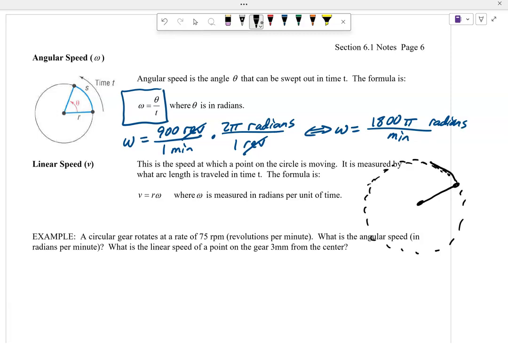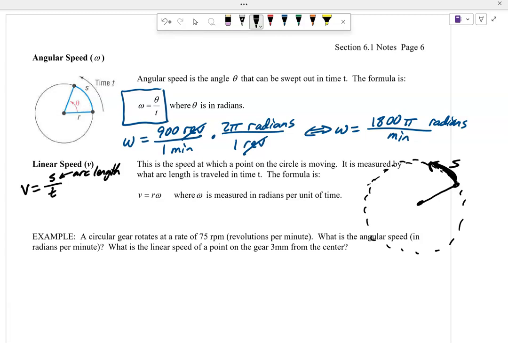It's how much is swept out over time t. So it's like your arc length. This is your arc length over time t. So linear speed is the arc length over time t. How much is swept out? Distance swept out over time t.